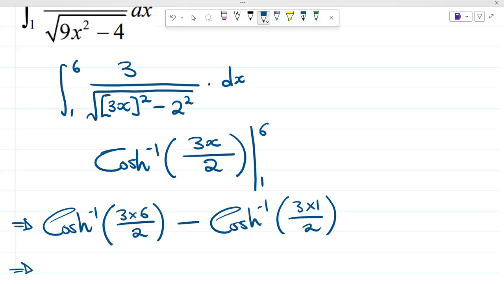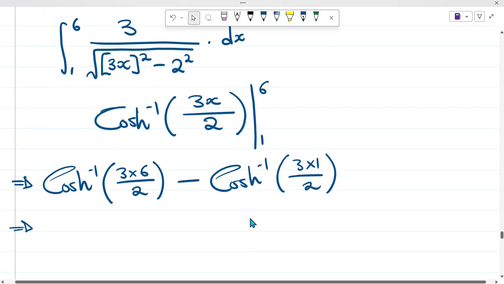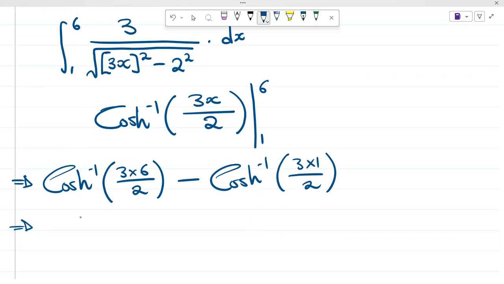You should be able to get something like, let's see if I didn't make a mistake. 3x over 2, okay, 6 and 1. I'm getting something like 1.192.